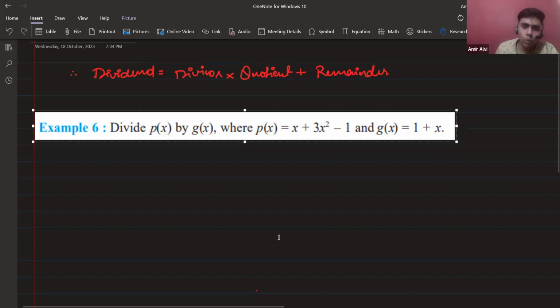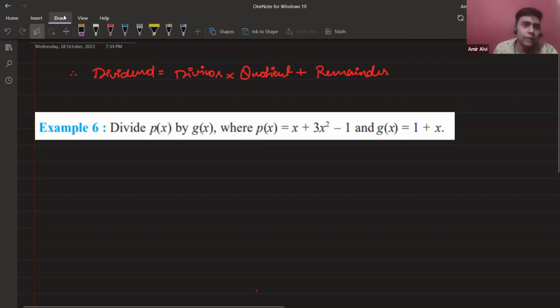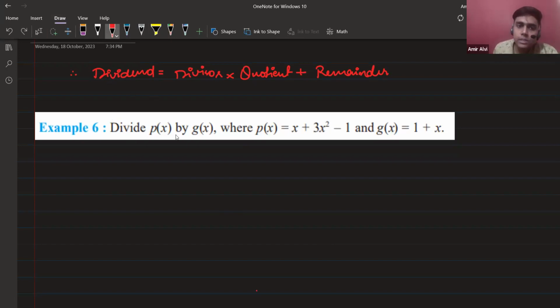So this is the polynomial for which we have to find whether it's a factor. It's asking to divide Px by Gx. Px is this and Gx is this. So everybody, let's look at it. Our P of x is 3x square plus x minus 1.